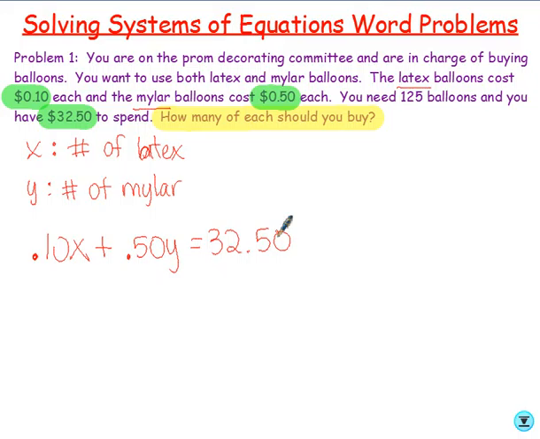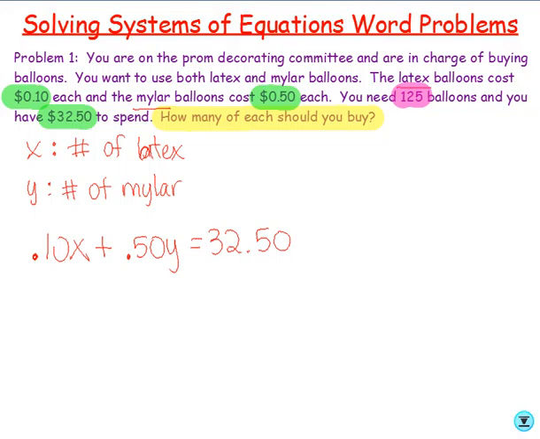What numbers do we still have left in the word problem? I see one final number: 125. Well, 125 doesn't have any other numbers in the word problem to go with it. It's an only number. You need 125 balloons. Is that latex balloons only? No, it's not. Is it Mylar balloons only? No, it's not. It is the combination of them together, so it is, again, a total.